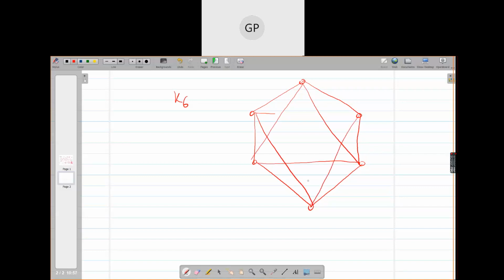Now, consider Kn, that is complete graph on n vertices. Degree of each vertex is n minus 1. So, what will be the total degree of this graph?